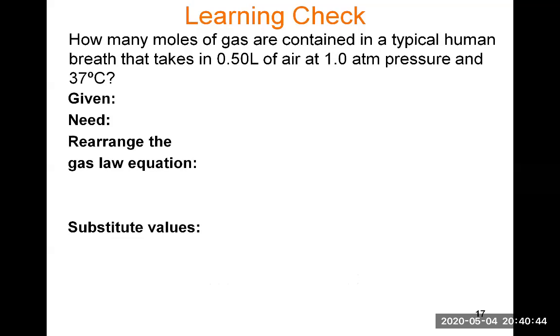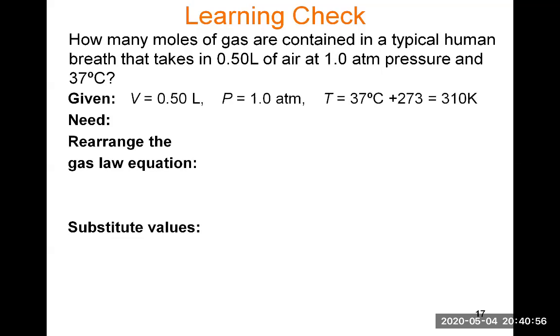So we have a volume, because the 0.50 liters, it's a unit of volume. So we have a volume of 0.50 liters. The 1 atmosphere pressure, that's P, is equal to 1.0 atmosphere. And then 37 degrees Celsius, that's your temperature.